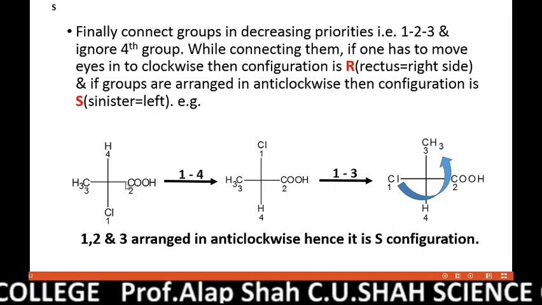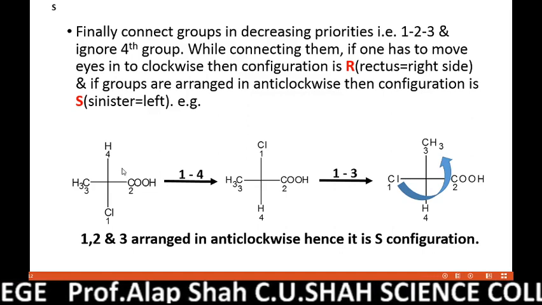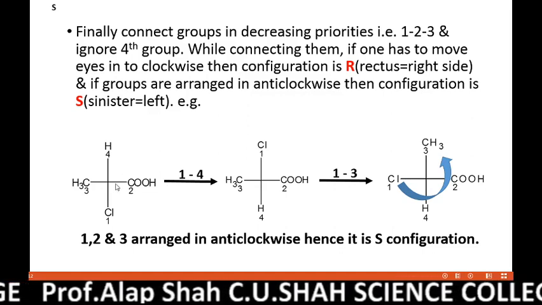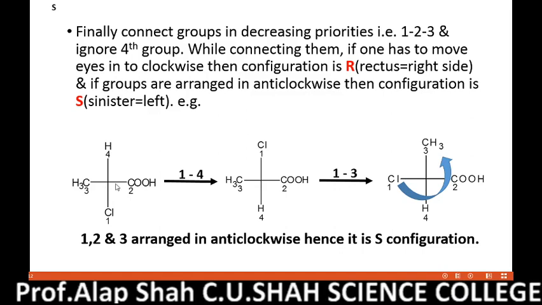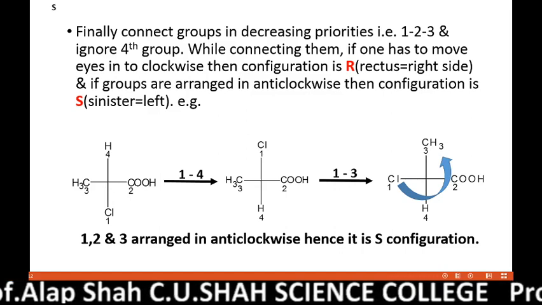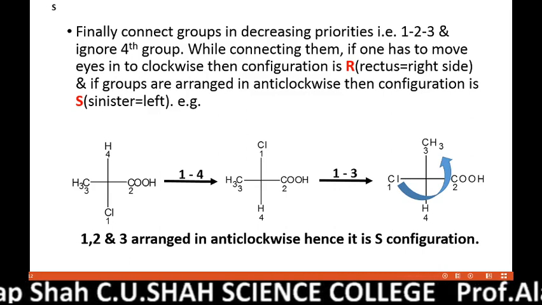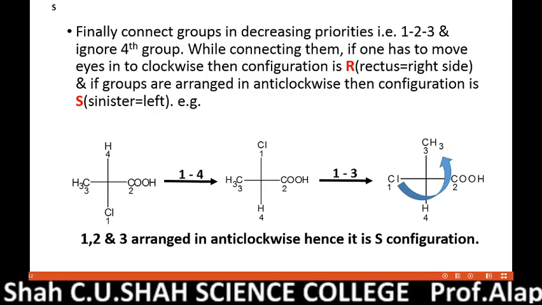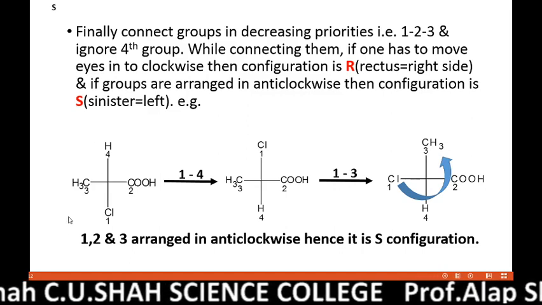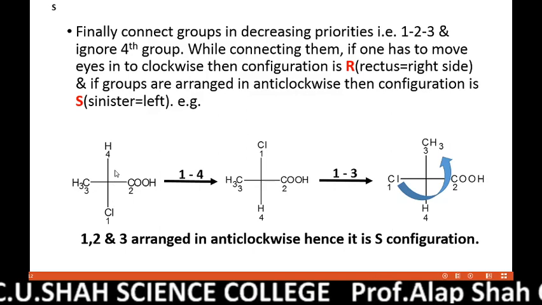Which one is dextro and which one is levo cannot be determined on paper, on screen or in the book. Dextro and levo can be determined only in the polarimeter. So to distinguish between these configurations, we use the RS nomenclature method.